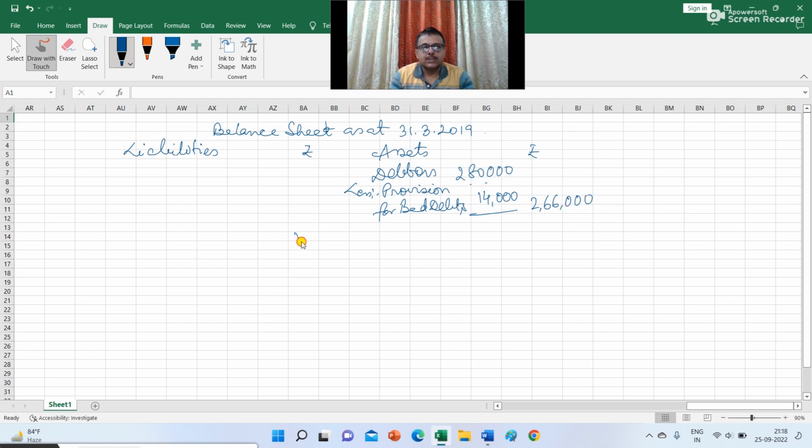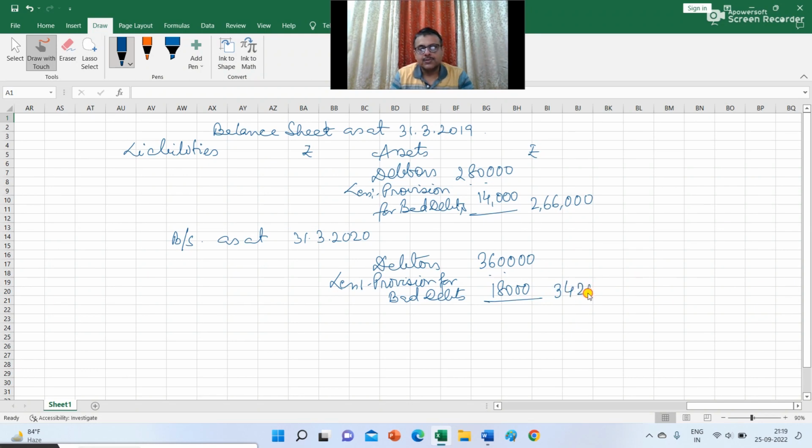Then again on 31st March 2020, so this is the balance sheet as at 31st March 2020. You have a balance of debtors of 3,60,000 less provision for bad debts 18,000, that is 5% of 3,60,000.